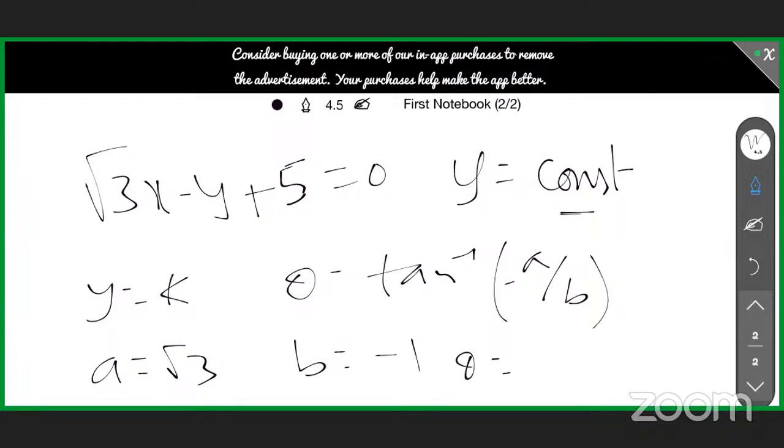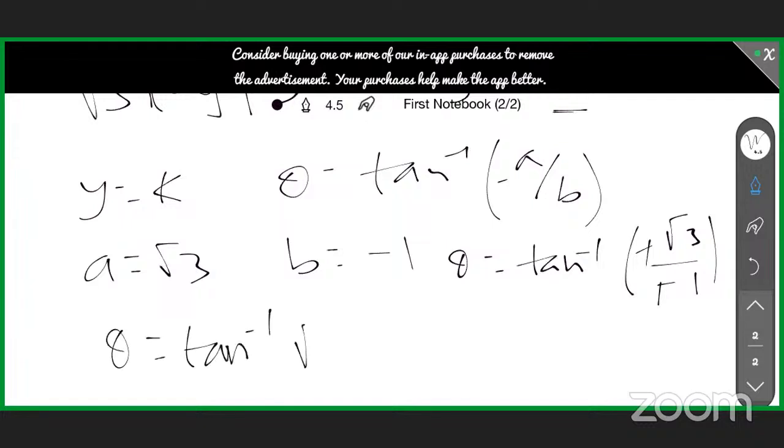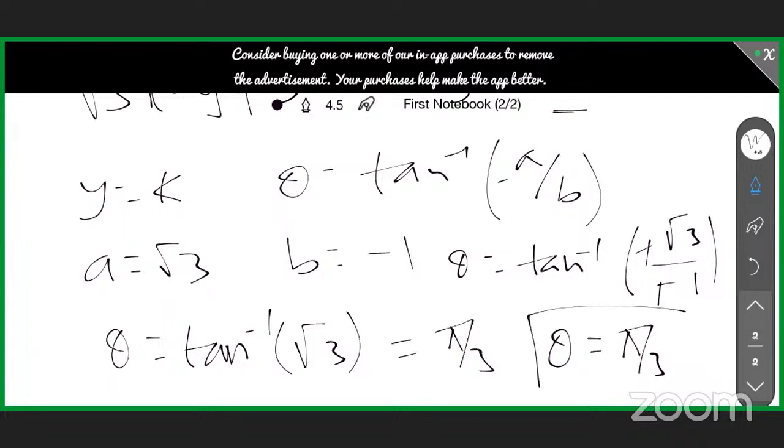So theta is equal to tan inverse of minus root 3 by minus 1, the minuses cancel. So theta is equal to tan inverse of root 3, which is 60 degrees, that is pi by 3. So I have to rotate my axis with an angle pi by 3.